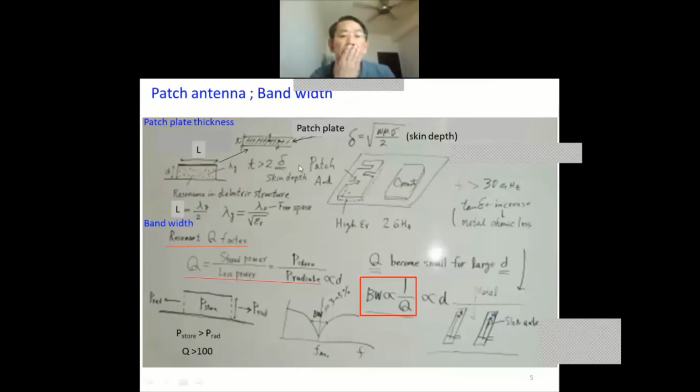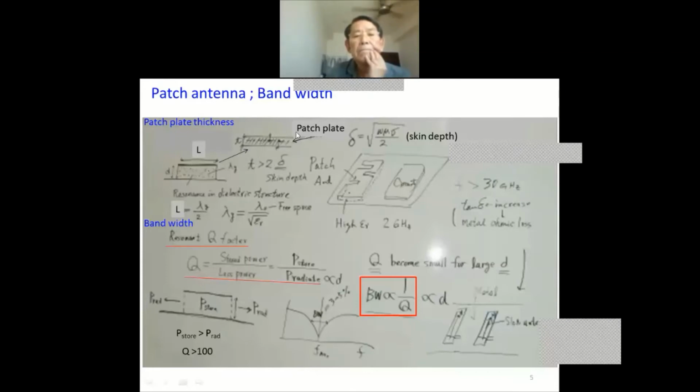I will check once more. At higher frequency, delta becomes smaller, and at low frequency, delta becomes large. I will check this part once more. However, the thickness should be 2 times larger than the skin depth.